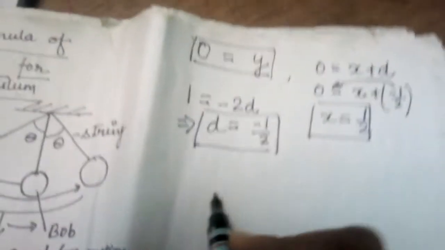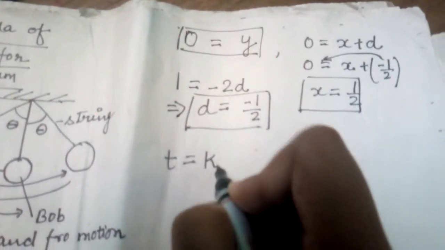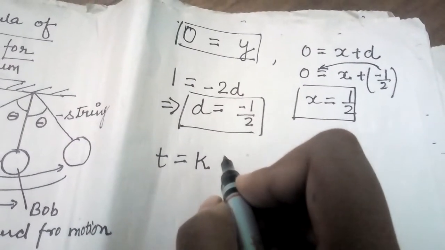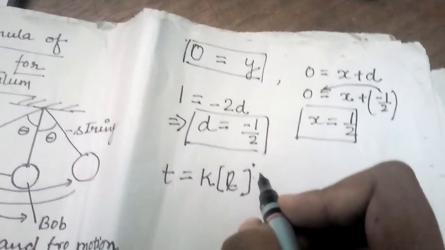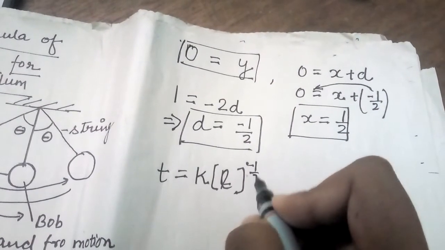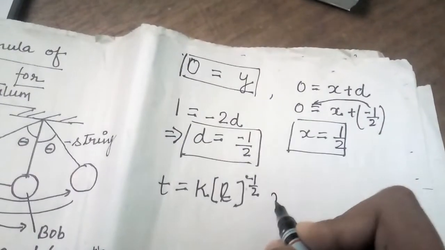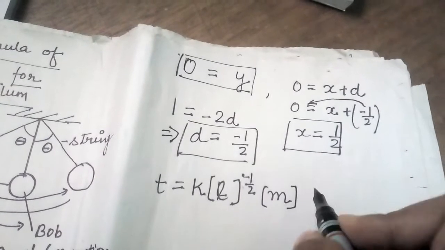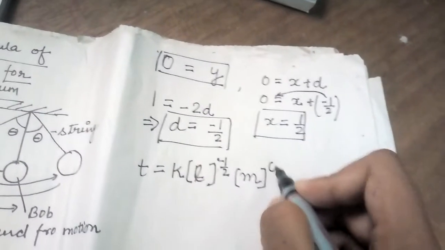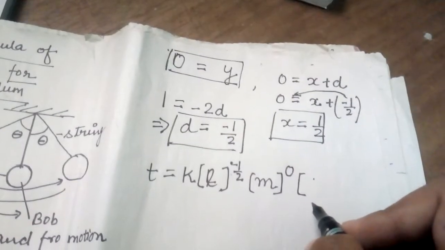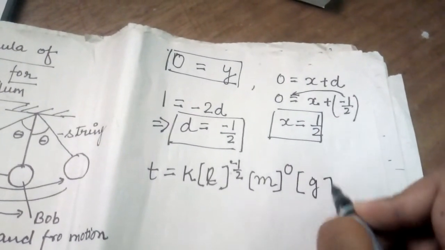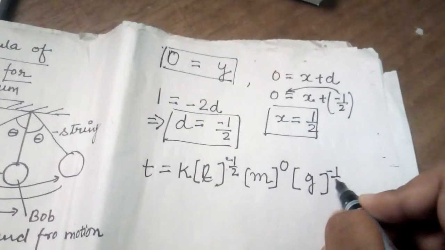We can put all these into what we got earlier, that is t is equal to k, L to the power x, and x is 1 by 2, and m having power y, and y is here 0, and theta is z, so we are not going to write it at all, and g having power d, that is minus 1 by 2.